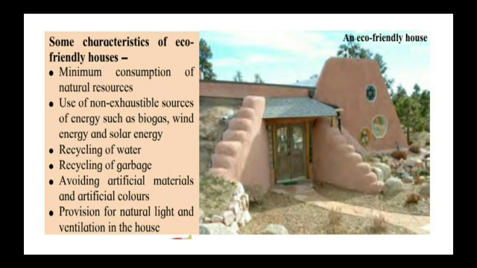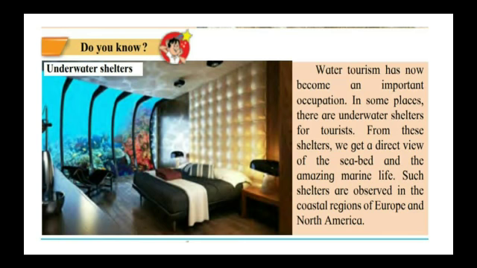Some of the characteristics given for an eco-friendly house are: minimum consumption of natural resources, use of non-exhaustible sources of energy such as biogas, wind energy and solar energy, recycling of water, recycling of garbage, avoiding artificial material and artificial color, and provision of natural light and ventilation in the house.